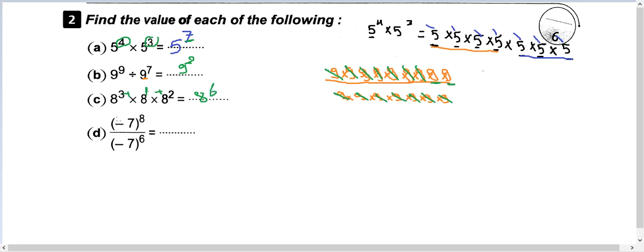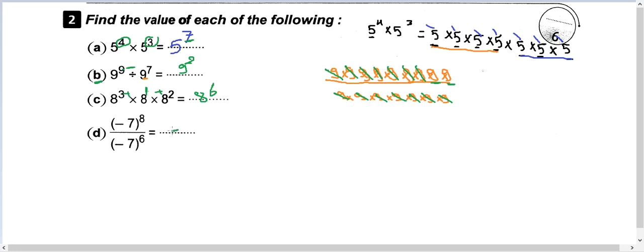Question D. He said negative 7 all to power 8, and here negative 7 all to power 6. Like question number B, where we have 9 to power 9 and 9 to power 7, here we have division. We can say 9 minus 7 equals 2. Here also we have negative 7 to power 8 and negative 7 to power 6.